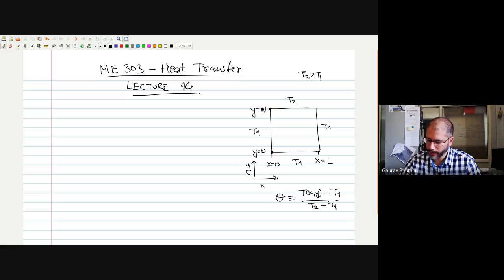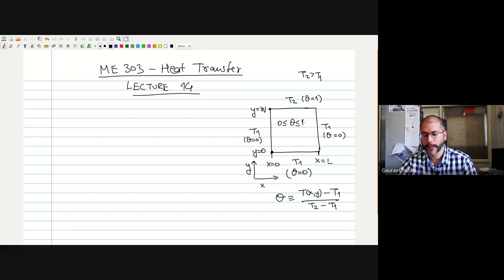The good thing is that theta on these 3 boundaries becomes 0, and on the top boundary we have theta equal to 1. On the inside, theta varies between 0 and 1. So that's a good thing.